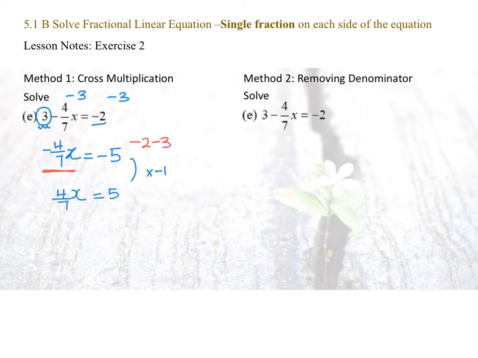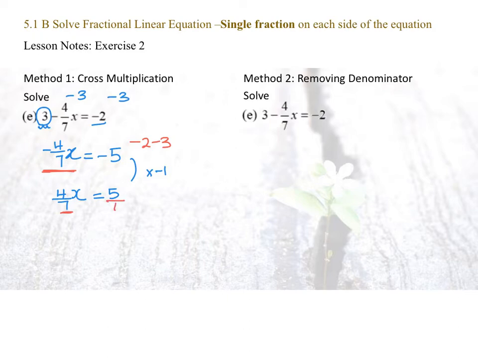Now what is inside the denominator over here? x belongs to the numerator. So 7 is your denominator. We have one single fraction on this side now. And this is 5. We shall write it as 5 over 1. We have another single fraction.